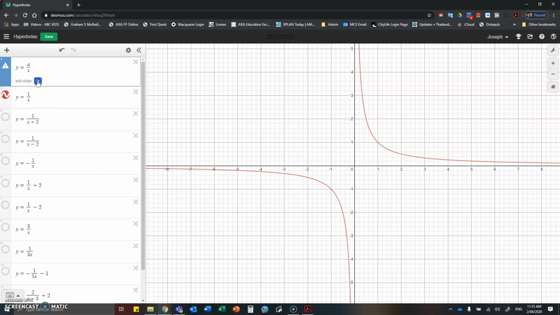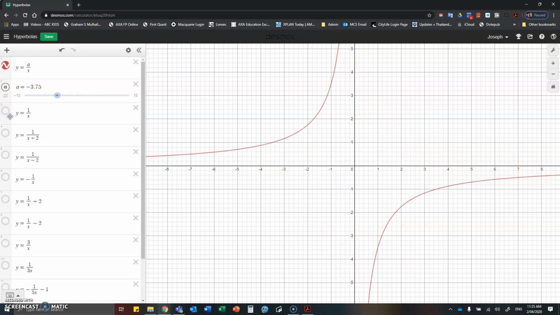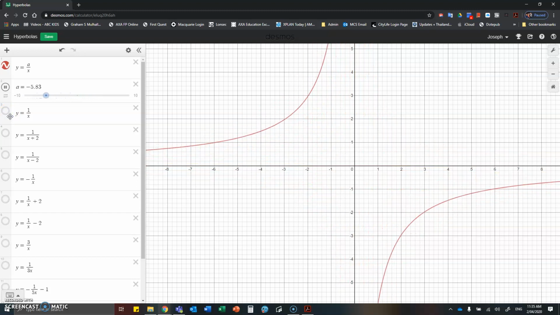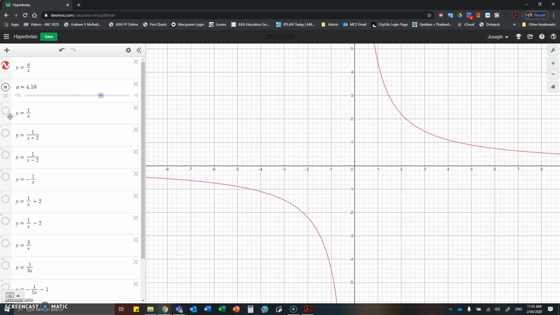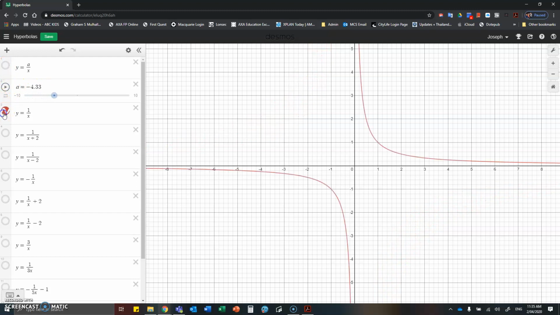So let's say if we add this slider here, you'll see that it flips and it will invert going different directions, but it will never hit 0 if we made this really slow. So we'll go through a couple of these, but we're going to, I guess, make these comparisons to 1 over x.